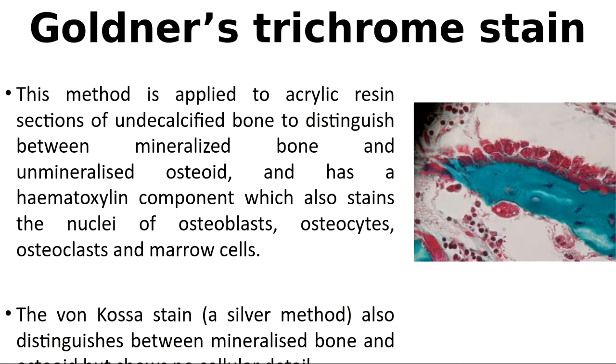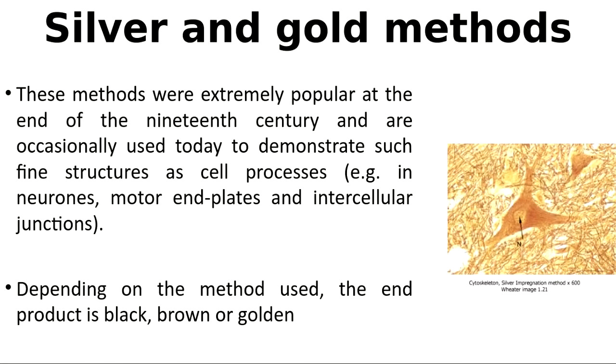If you want to differentiate between mineralized and unmineralized content, we will use Goldner's trichrome stain. And there is one more stain called Von Kossa stain that also is used to differentiate between mineralized and unmineralized tissue, bone.